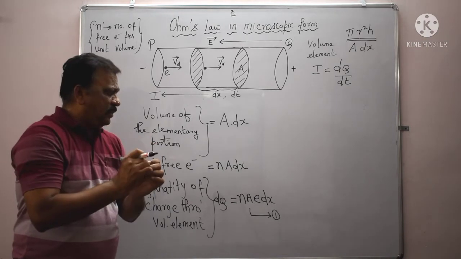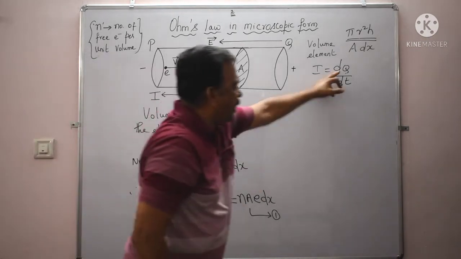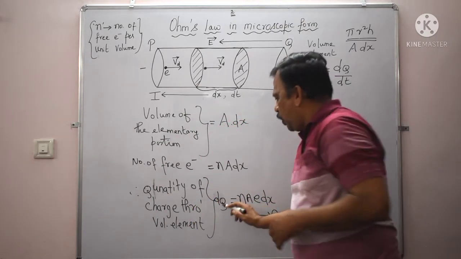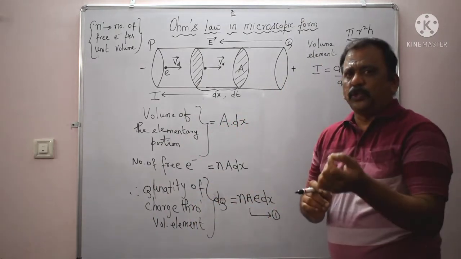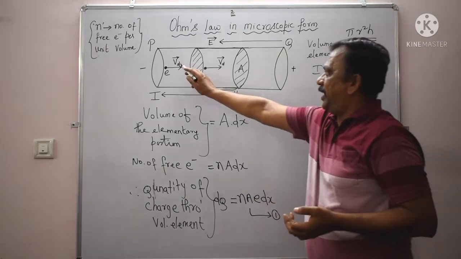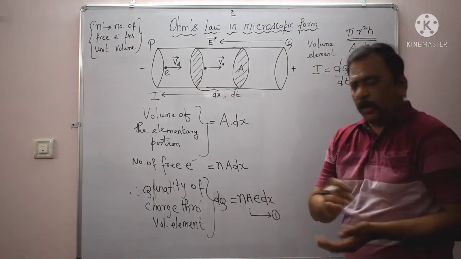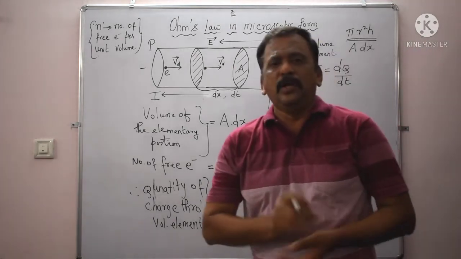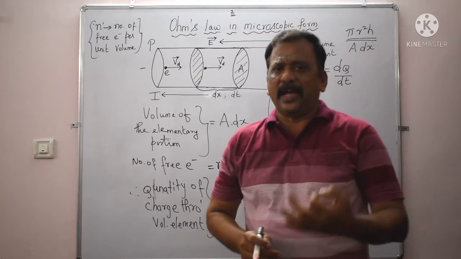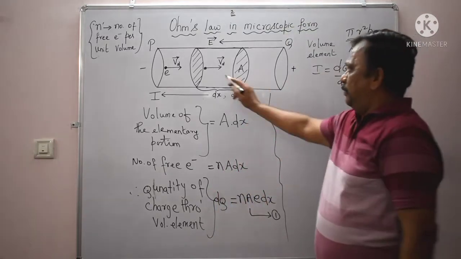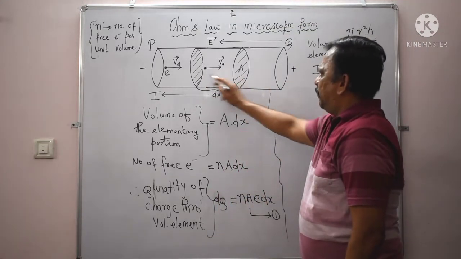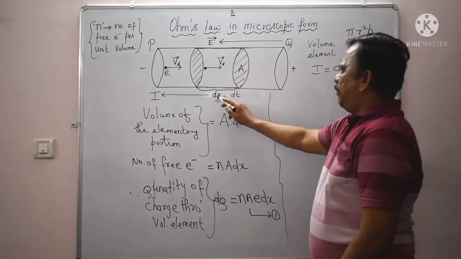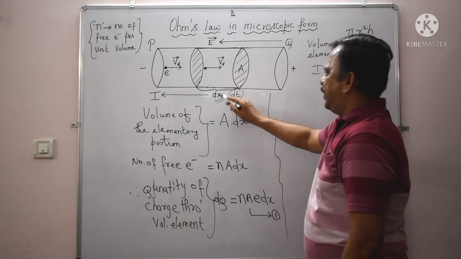Now what I need is to express dq in terms of drift velocity. In the dq expression I need to have the drift velocity of the electron, v sub d. So how to do that? Right. See, we know that velocity is equal to distance covered divided by time taken. So here the distance the electron covers while flowing through this elementary portion is dx, and the time interval it takes to cover this distance is dt.